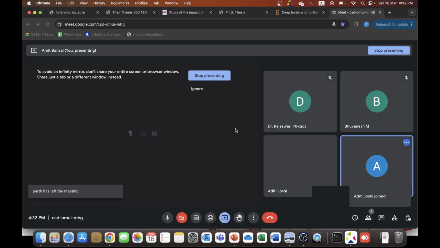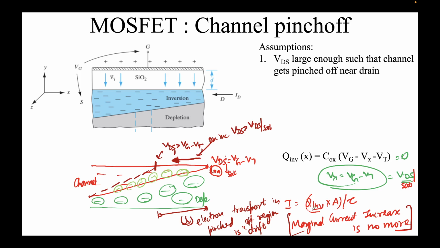Okay, so that's why the current transport, when the inversion layer is there, is dictated by this expression. After pinch off, it's dictated by just the drift, simply in this region.